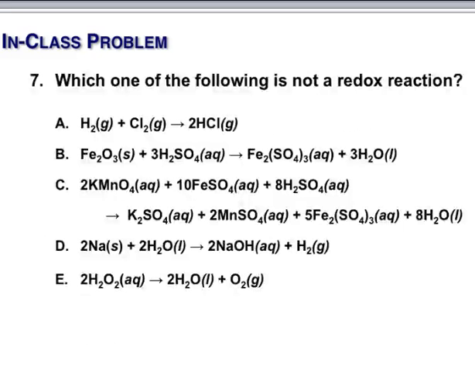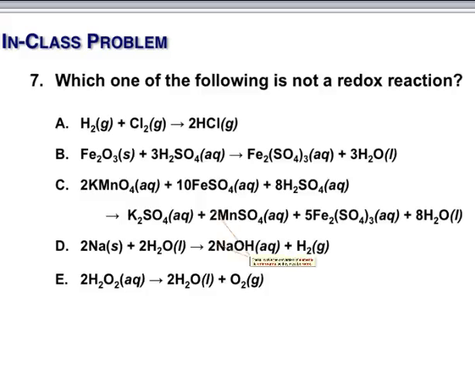Now, what words have we said this morning twice so far about determining if something is redox or not? What do you look for? You look for elements. If there's an element on either side, then it has to be a redox because the element is going to a compound.